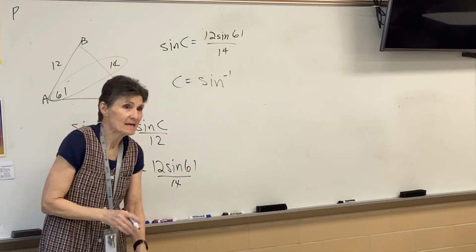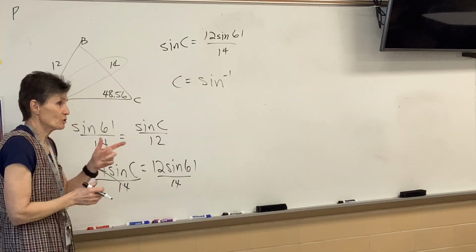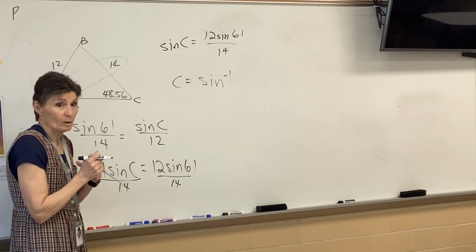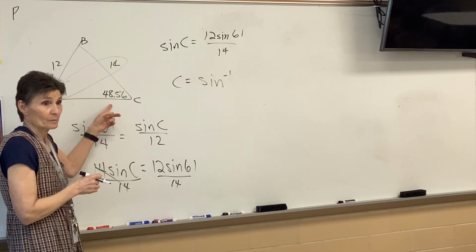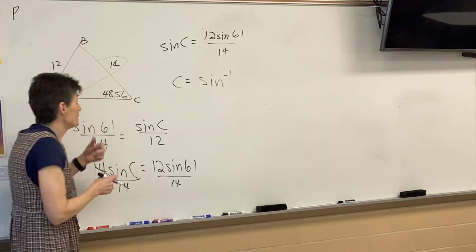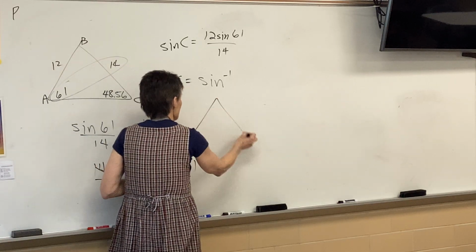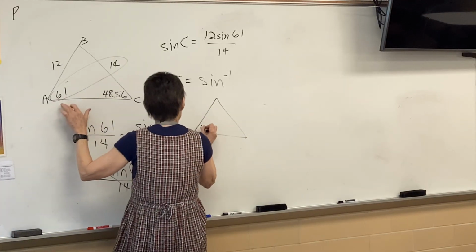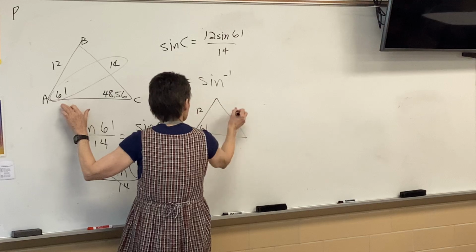Now that isn't the answer. Remember what the question was? How many triangles are possible? Well, there's at least one, right? This one right here is possible. Now I gotta check to see if there's another one. The other one will have exactly the same givens.